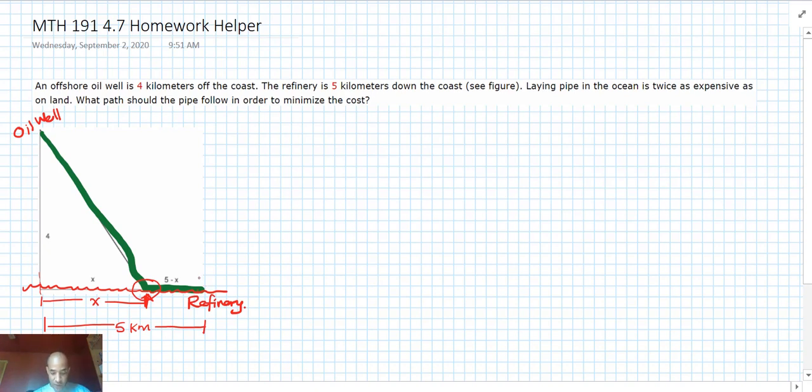Okay, so the first thing we're going to do is find the cost of the underwater section, right? So I'm calling this right here the underwater part, this diagonal sort of, right? So the cost of that section, I'll call it the cost underwater.